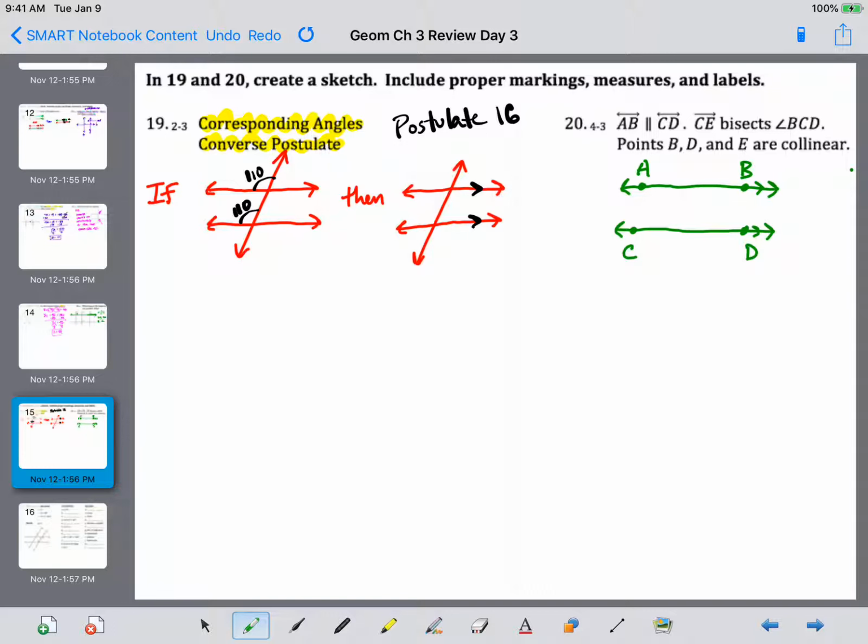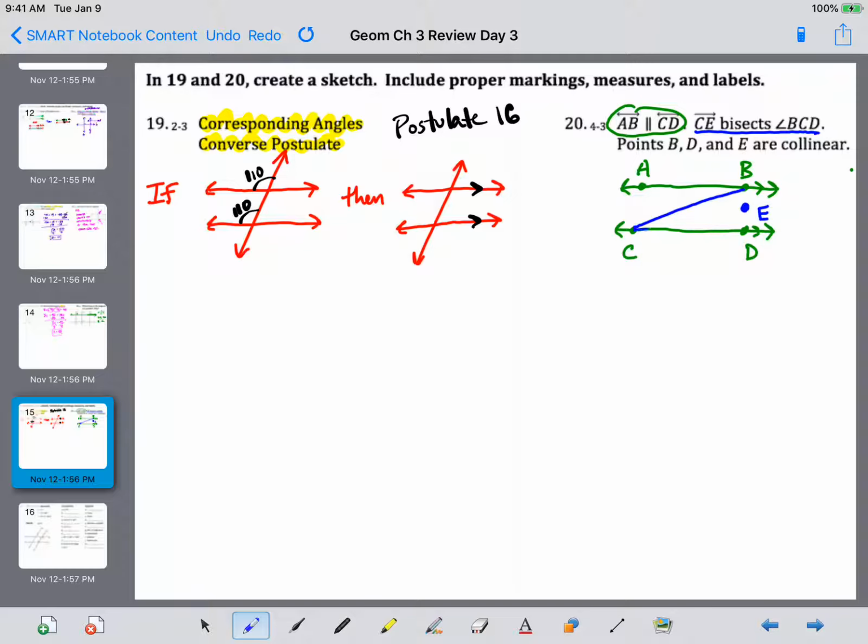All right, so that's the first part right here. The second part is telling us that ray CE bisects angle BCD. I don't have an angle BCD, so I'm going to connect B and C to create that angle. And C is going to have to be right in between this angle, so I'm going to put it right in between, or point E rather, is going to be right in between.